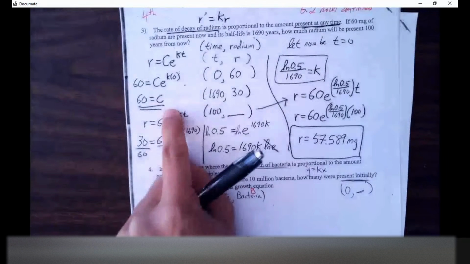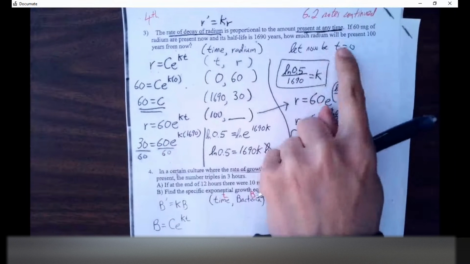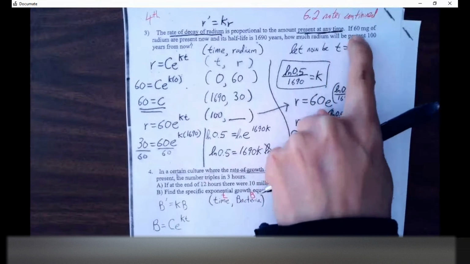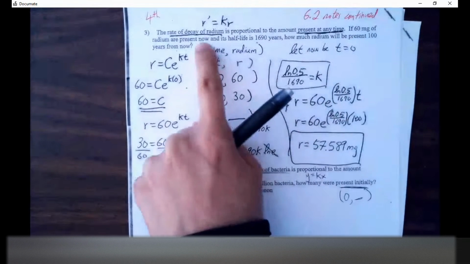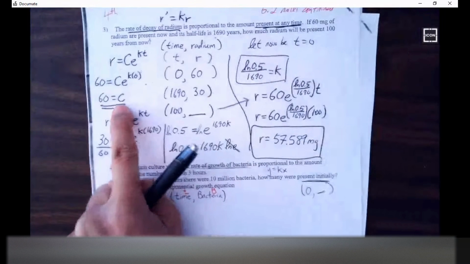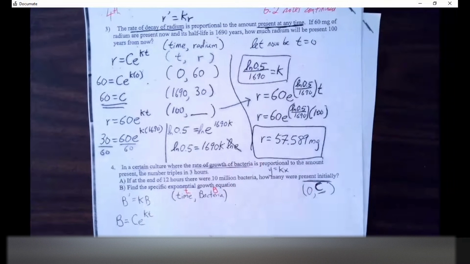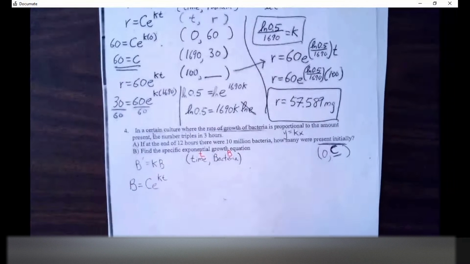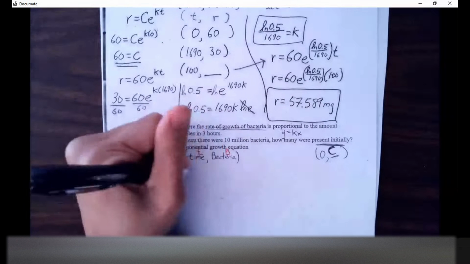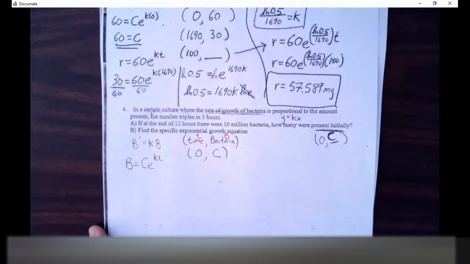But in the past, we saw that C basically represented our initial amount, right? Here, example 3, 60 milligrams are present now, right? So our initial amount is what fills in that C value. So I'm going to just let C represent my unknown initial amount, and we'll build up to working backwards to solving for that C. So we know that at time 0, we have some initial amount of bacteria, but we don't know what that number is.